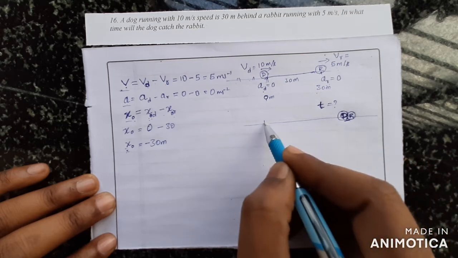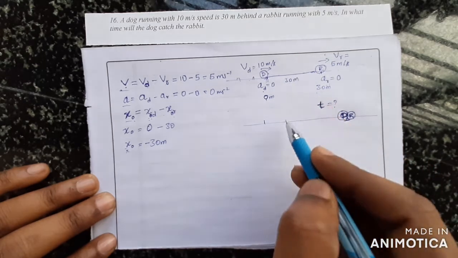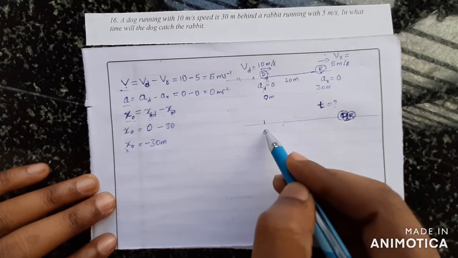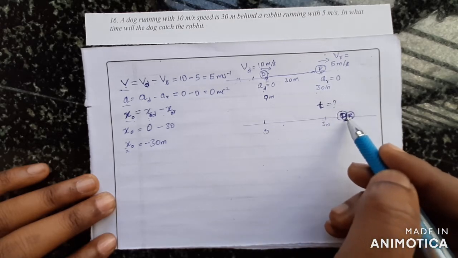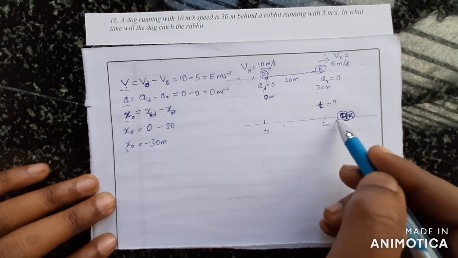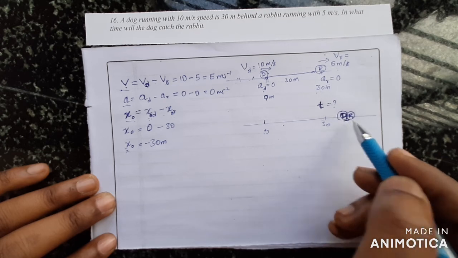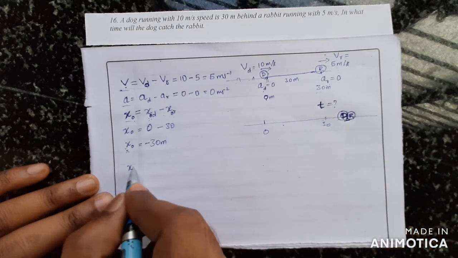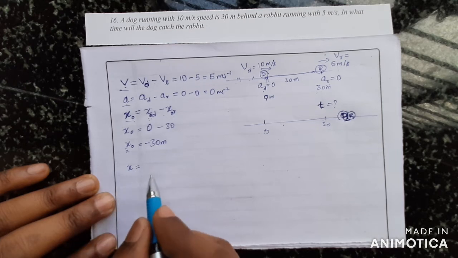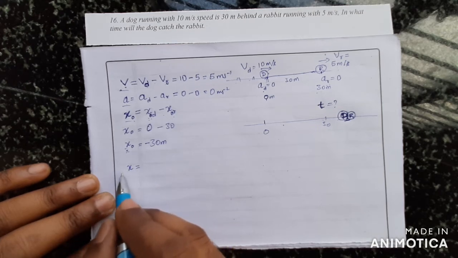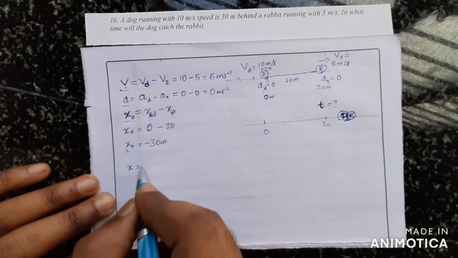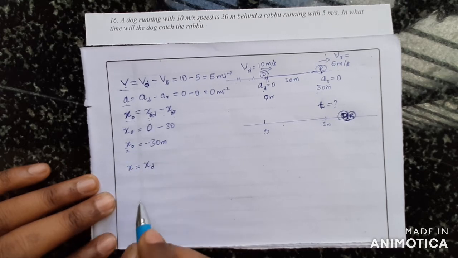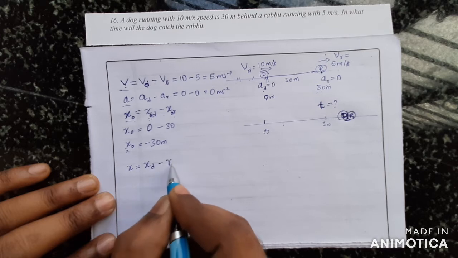See, if I take the same coordinate again, 0, 30, and so on, here is the point somewhere where the dog would catch the rabbit. So relative final position x is equal to xd minus xr again.